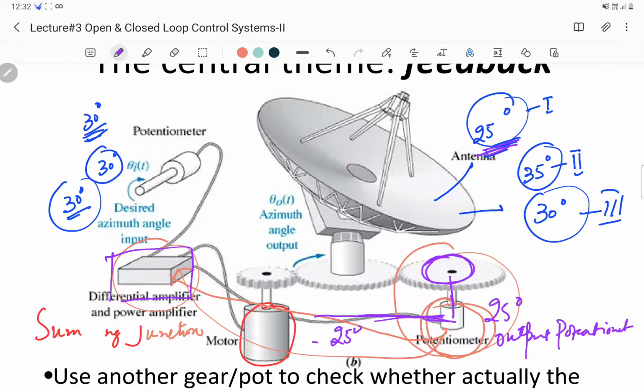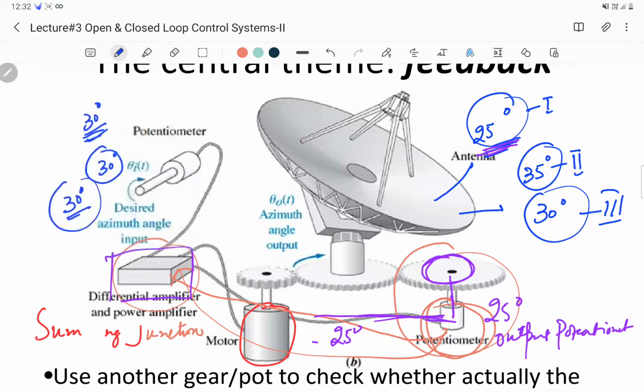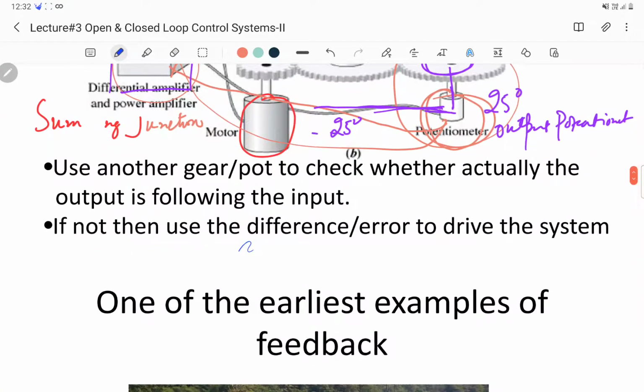At the summing junction, I can show you in a block diagram way. What I'm trying to explain is that, say for example, I have this as a summing junction, I have input corresponding to 30 degrees, and I have an output which is only 25 degrees. So I have plus, I have minus.